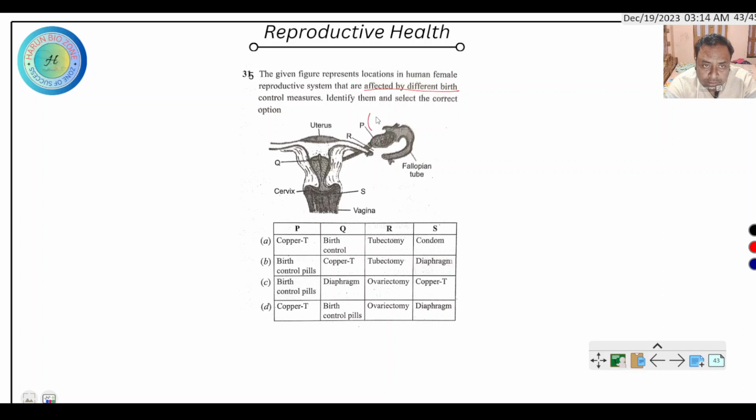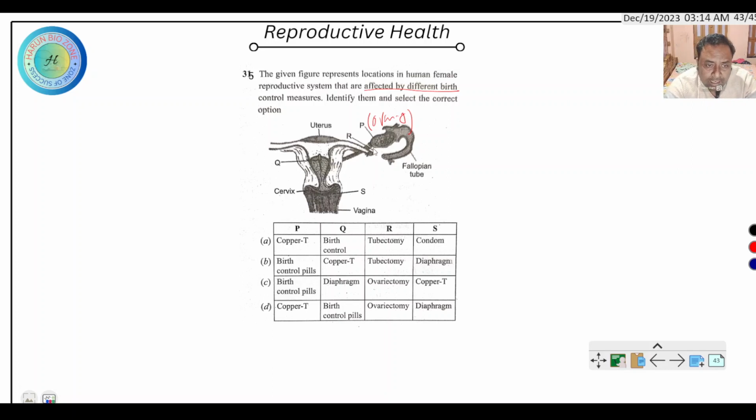In the ovary, ovulation is prevented. If you use contraceptive pills, then ovulation is prevented in the ovary. This occurs by birth control pills.